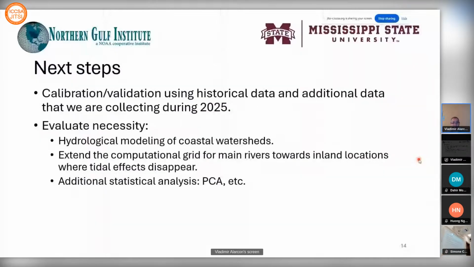The next steps are, of course, improve our calibration and maybe validate our model with additional historical data, and assess the necessity of hydrological modeling of coastal watersheds, the watersheds that drain to the Mississippi Sound, or extend the computational grid of our main rivers, and maybe also additional statistical analysis.